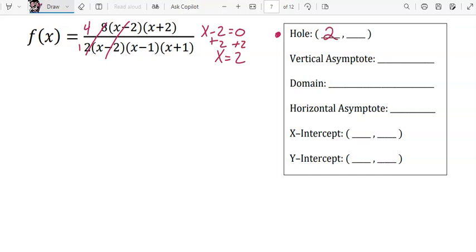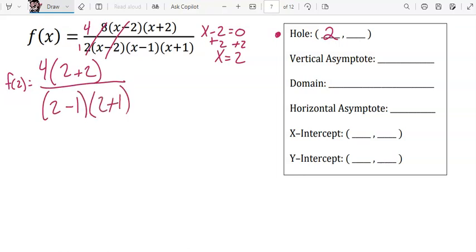To find the y value, you plug in 2 into the reduced fraction. 16 over 3 would be your y value.